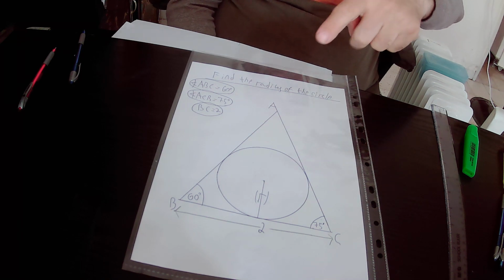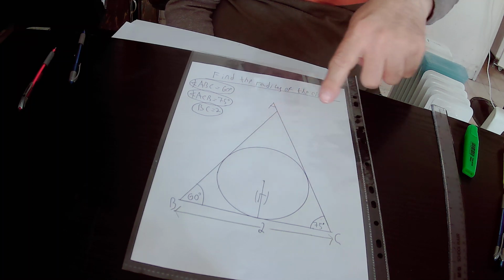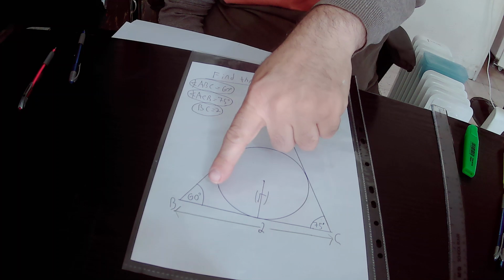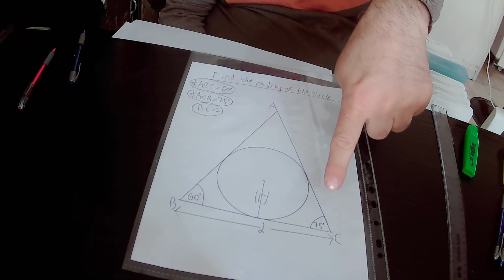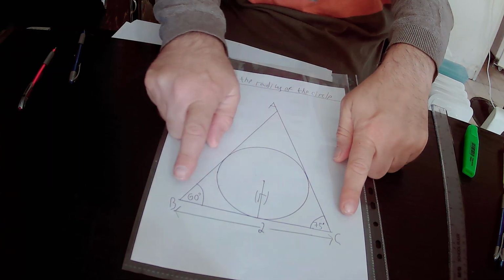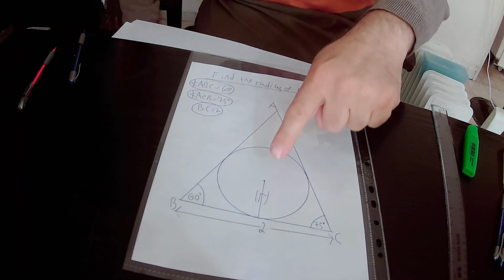So in the drawing we have triangle ABC that encloses this circle, and we know that angle ABC equals 60 degrees, and angle ACB equals 75 degrees. In addition, we know that side BC equals 2 units in length. Again, our mission is to find the radius R of this circle.